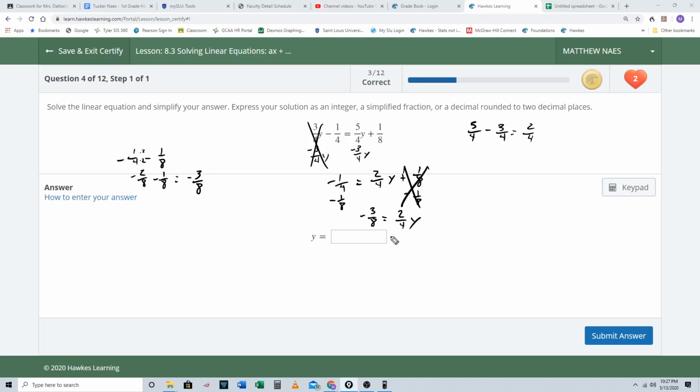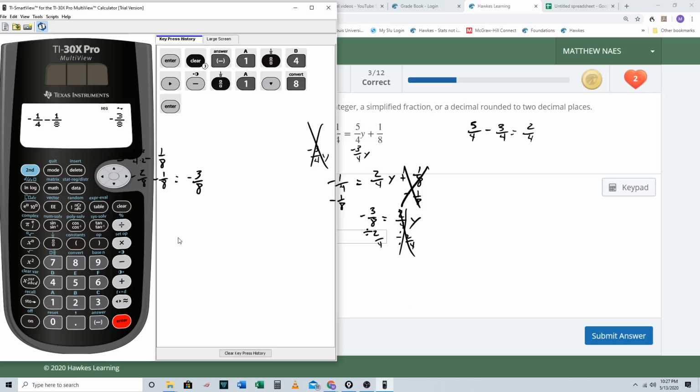And the very last thing we do is divide by the coefficient. So divide by 2 over 4. I'm just going to put that in the calculator. Feel free to do this a different way. There's more than one way, and I'm going to show you a different way in a moment to maybe make this easier.